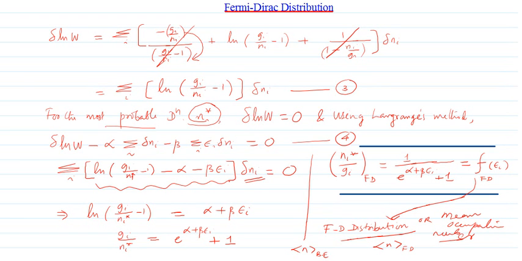Now one thing is quite notable here. The denominator has a plus 1. When you compare with the previous case, f of ei for Fermi Dirac is 1 divided by e raised to alpha plus beta ei plus 1, whereas for the Bose-Einstein system it was e raised to alpha plus beta ei minus 1.